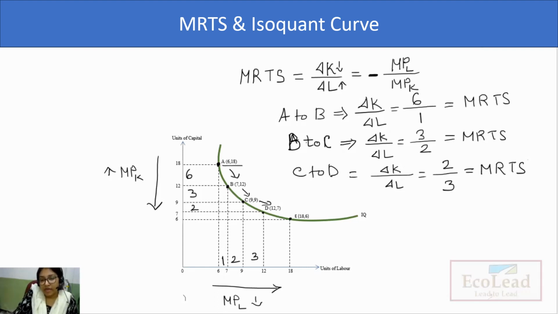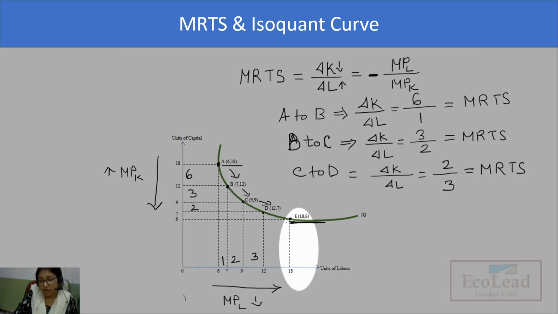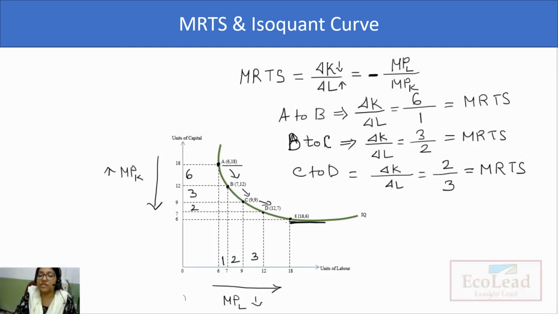and if we increase the labor units very much, a lot of labor in our production system, then we can eventually reach a situation where the MPL will become 0.